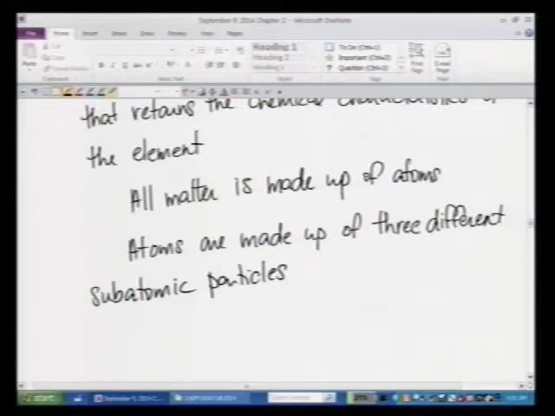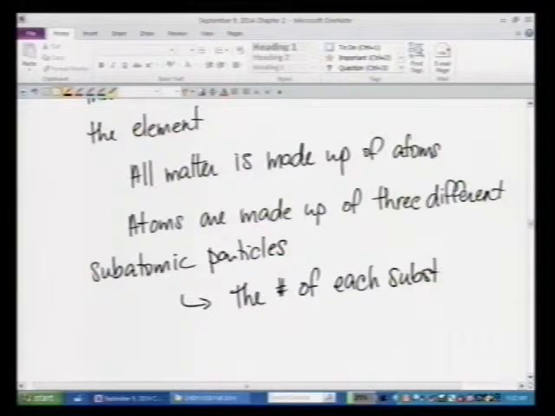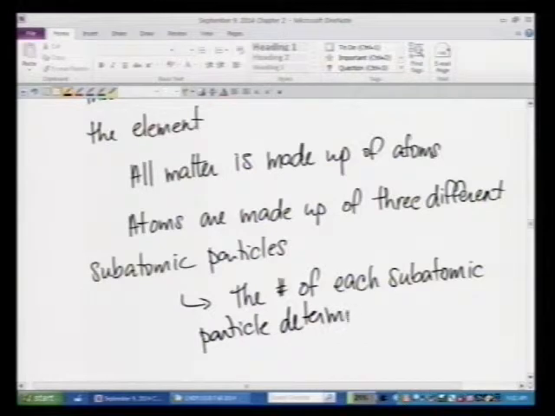Okay, and the number of each subatomic particle determines the chemical characteristics. So this would be the number of each subatomic particle. I keep wanting to write substance. Determines the chemical characteristics.